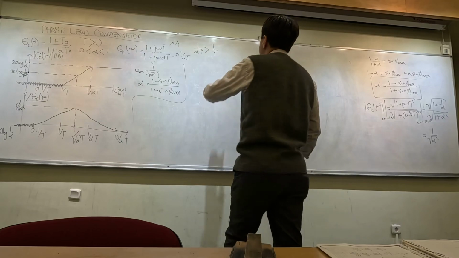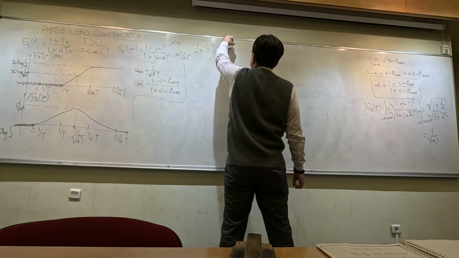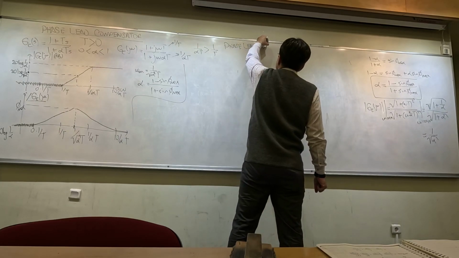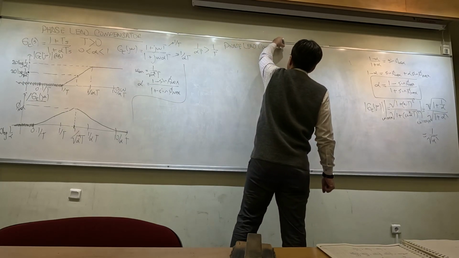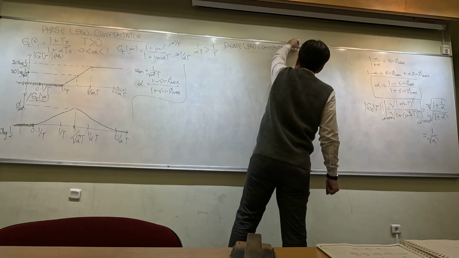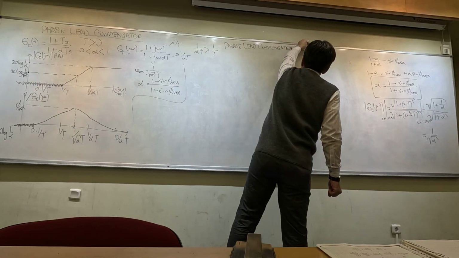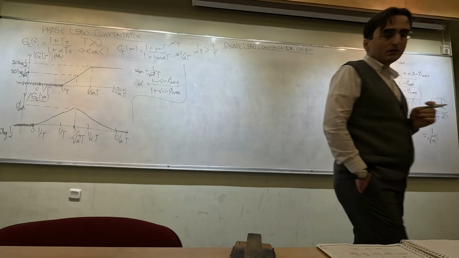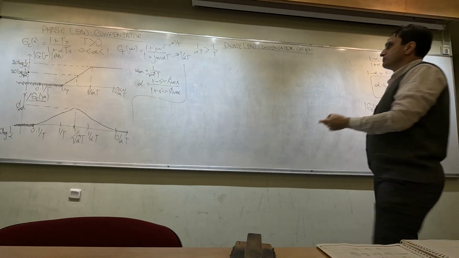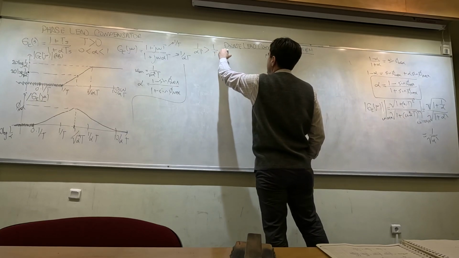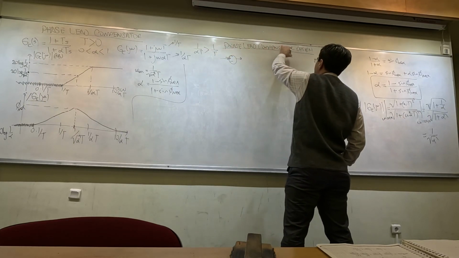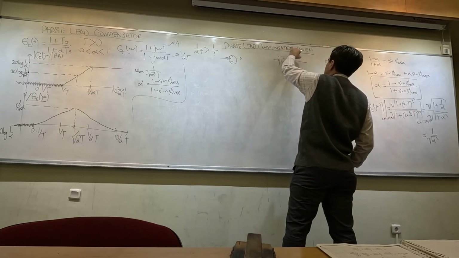So now let us look at phase lead compensator design. So what we mean by design here is the following. I will have a control system and I will have a G of S here.